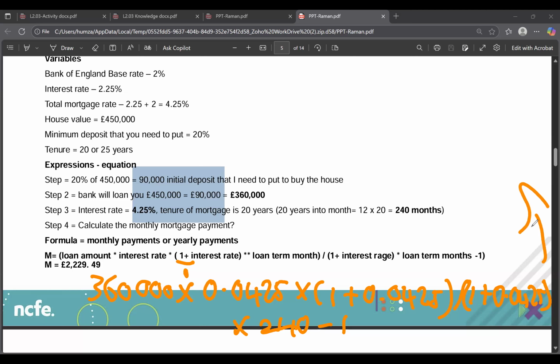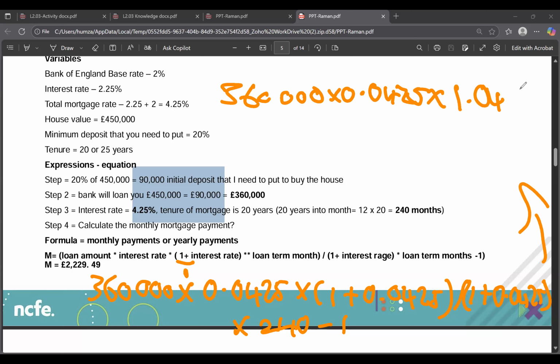So then it becomes 360,000 times 0.0425, divided by 1, multiplied by 240 take away 1.